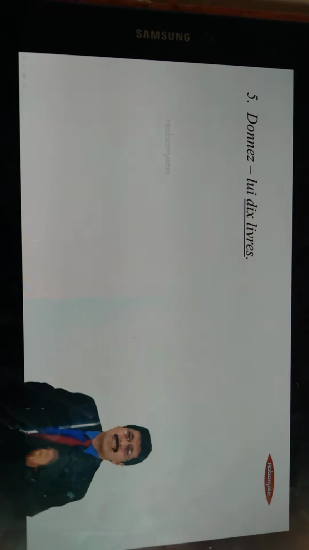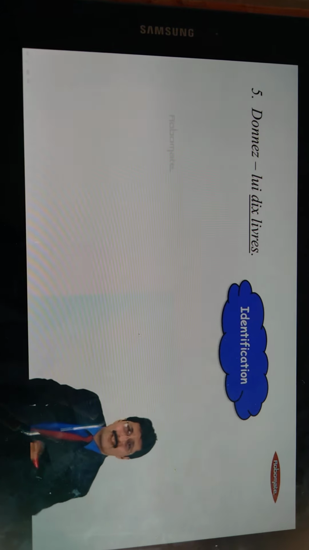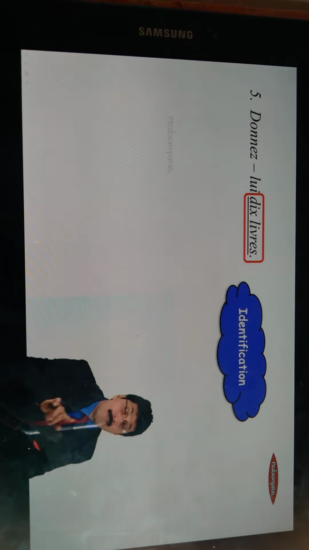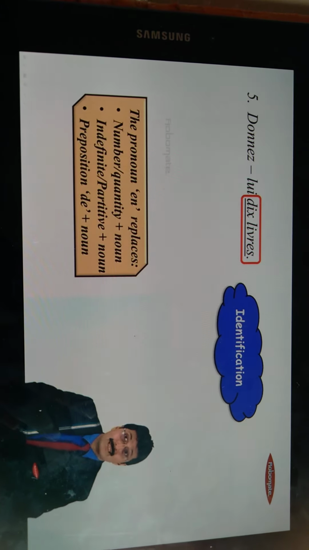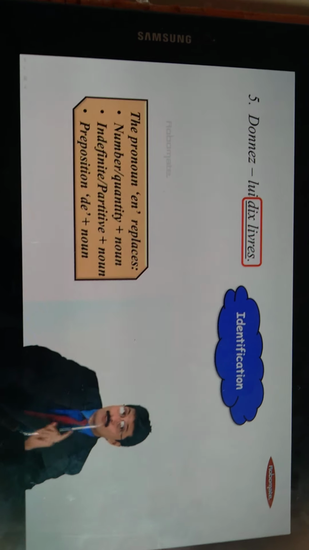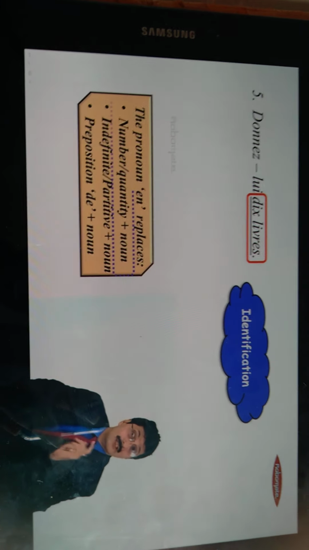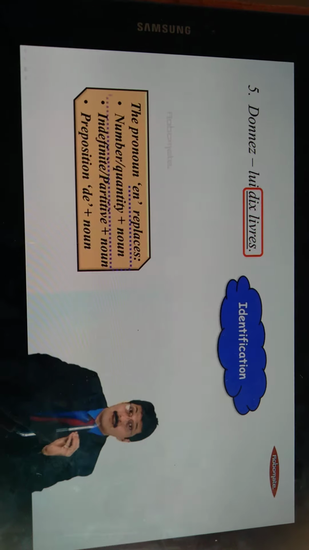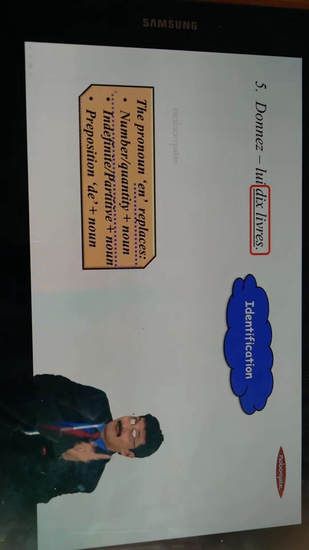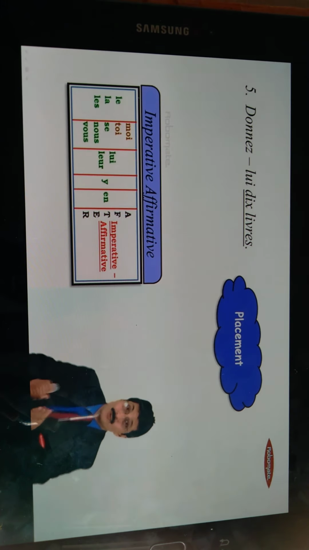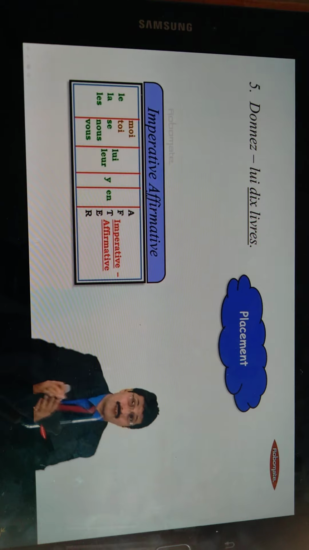Looking at this sentence, Donnez-lui des livres. My dear friends, identification. Remember, en replaces number or quantity plus noun combination. Of course, it does not replace the number or the quantity. It replaces the noun. It's a pronoun. So, placement. Yes, you can see this is the imperative affirmative.